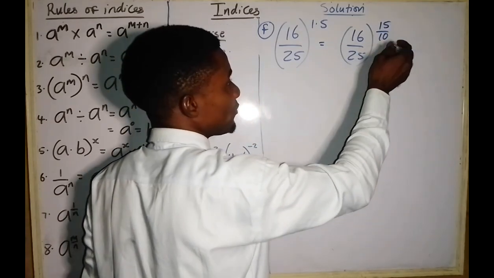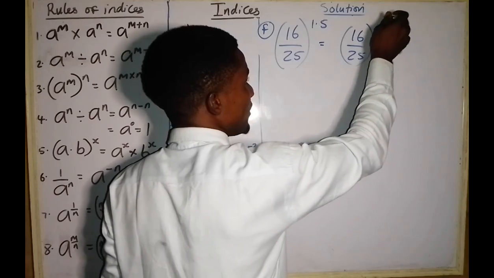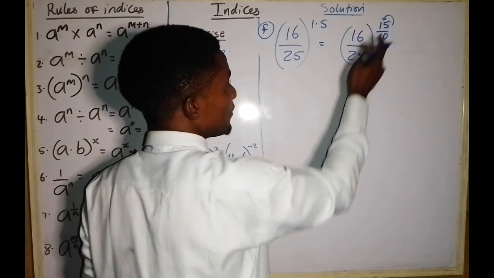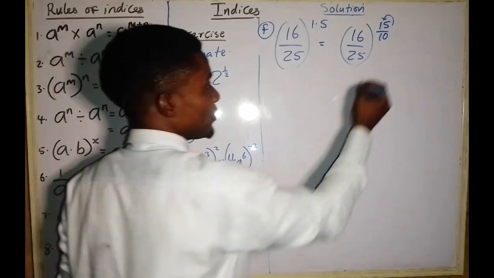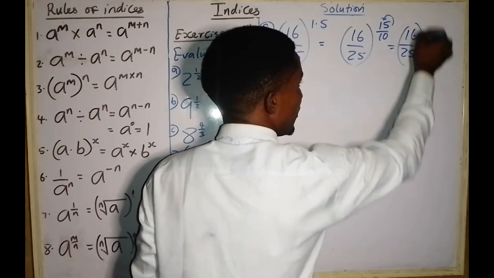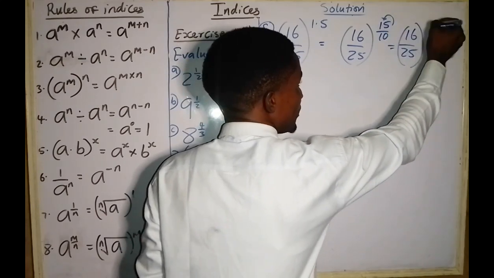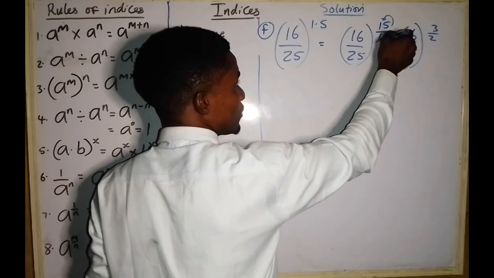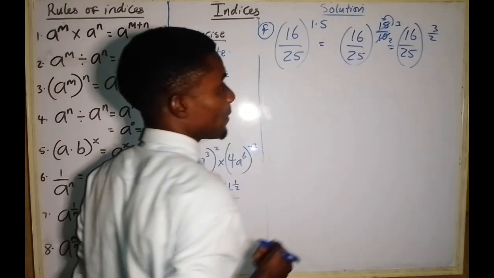That is, if you divide 15 by 10, you're going to be having 1.5. Now, this 15 over 10 can also be simplified further. So we can have 16 over 25 raised to the power of 3 over 2. 5 in 10 is 2, 5 in 15 is 3.